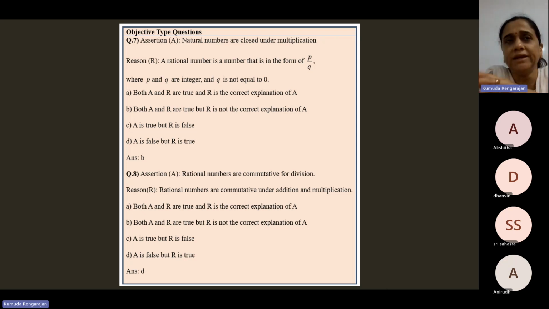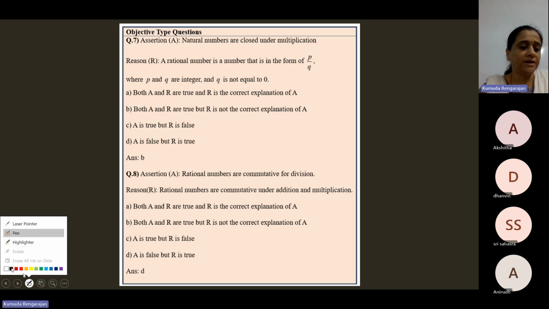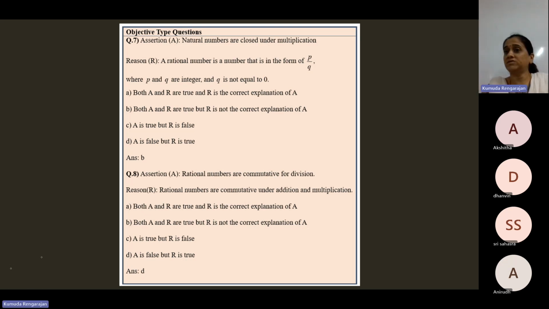When you take any two natural numbers and multiply them, the answer is also a natural number. Okay? By which letter are natural numbers denoted? N. So the assertion statement says natural number into natural number is always a natural number. True. When you multiply two natural numbers, the answer will be a natural number.